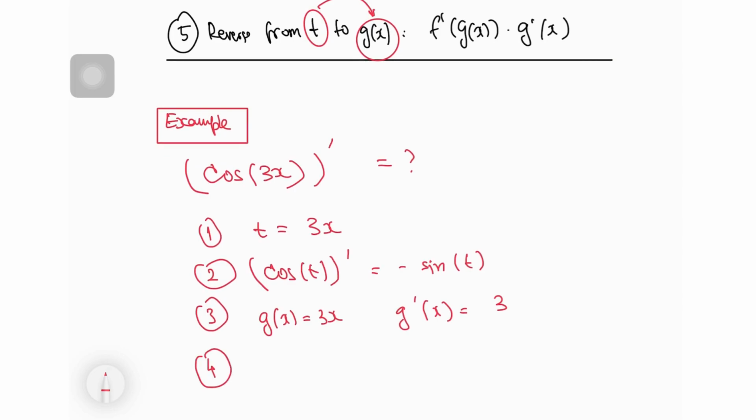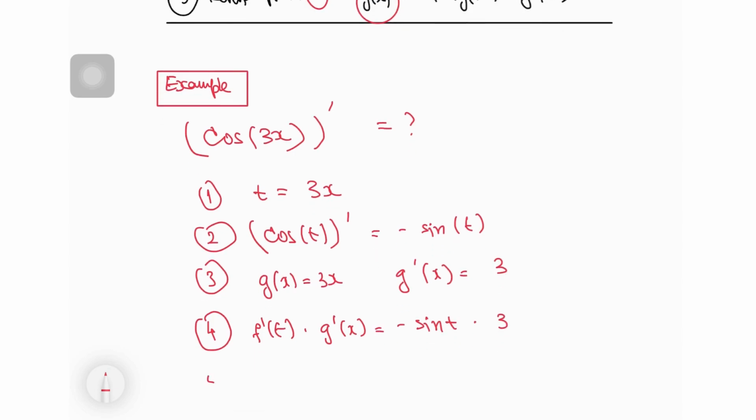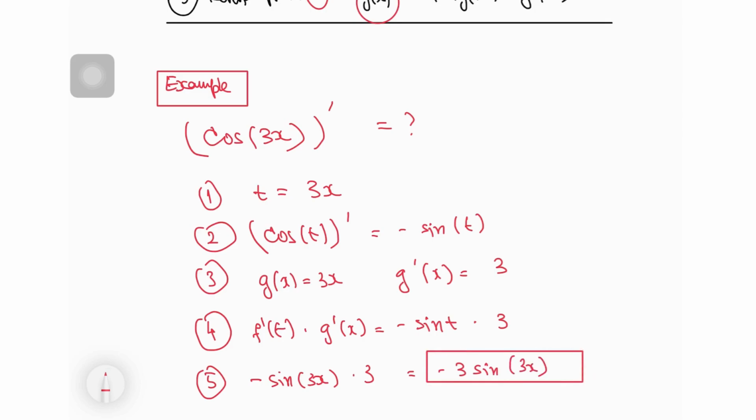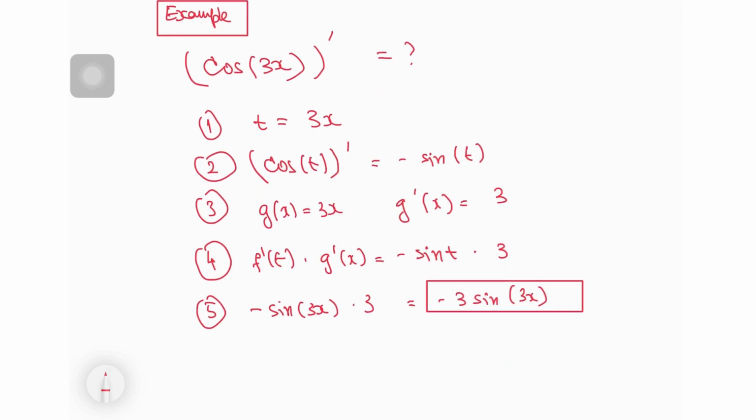Fourth step, multiply f prime of t times g prime of x, which is minus sine t times 3. And fifth step, instead of t, put g of x, so that will be minus sine 3x times 3, or minus 3 sine 3x. And that is the solution.